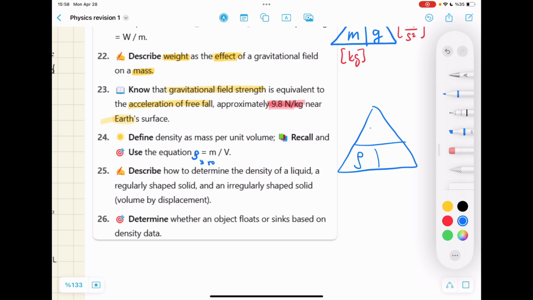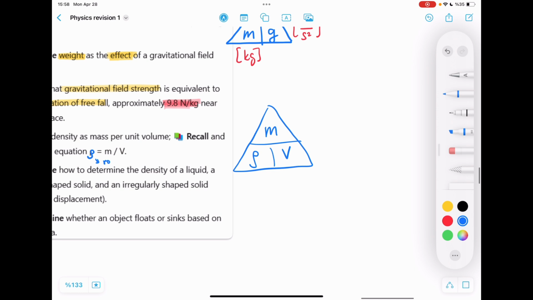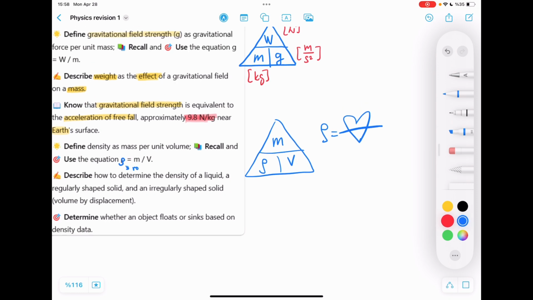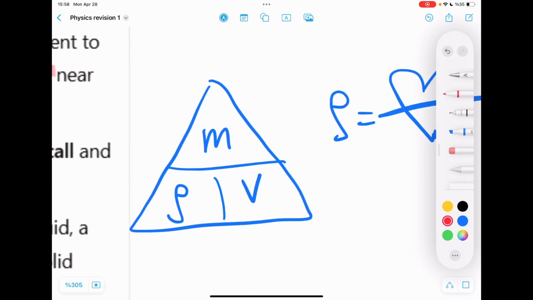And again, M and V. One of my students also told me that density is a broken heart equation. Very dramatic, but very nice to remember. So M over V, mass over volume. And I'm going to add units again.